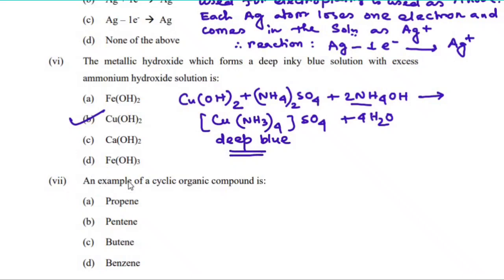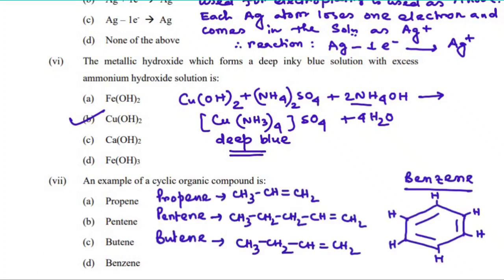Next question. An example of a cyclic organic compound. Here, propene, pentene and butene are all open chain compounds. Here the molecular structures of propene, pentene and butene are shown. And benzene, as we know, is a closed ring compound.